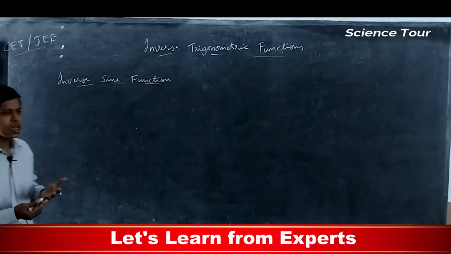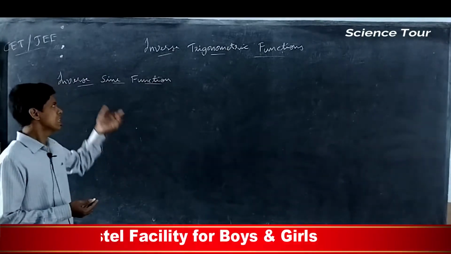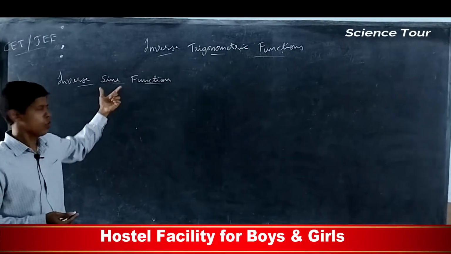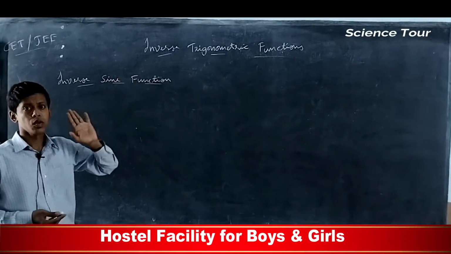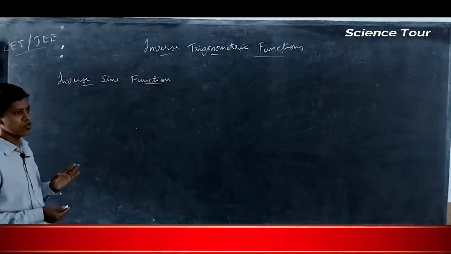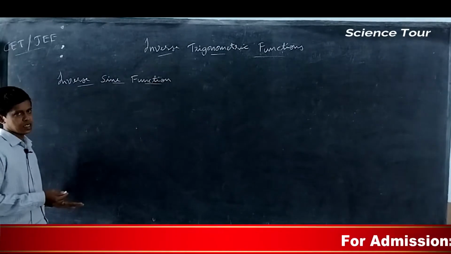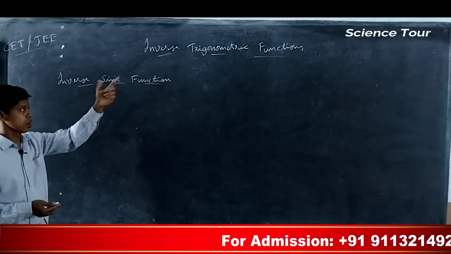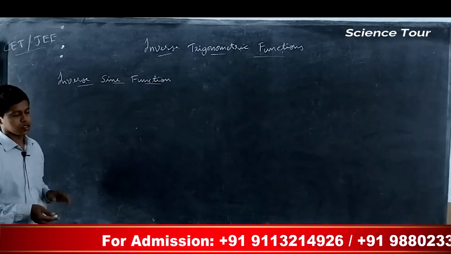Now let us understand what we mean by inverse function. Forget about trigonometry, what do you mean by inverse function? Let us understand that first, then we can understand inverse sine or inverse trigonometric functions.